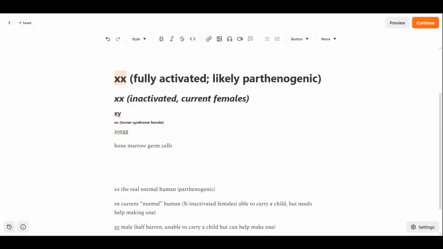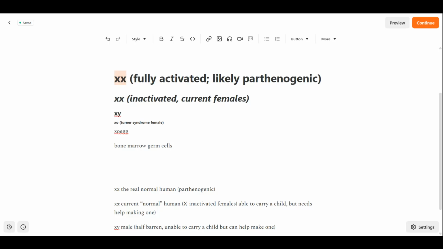Excuse me, it has to check to make sure that it doesn't have one X, right? It doesn't have to check for no X, because if it has no X, it will simply die.